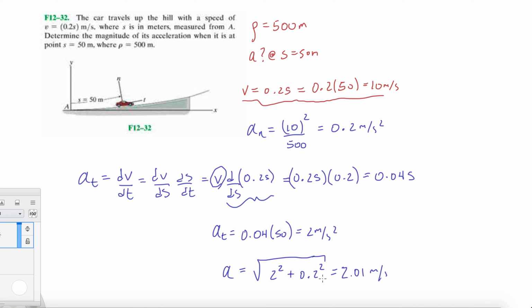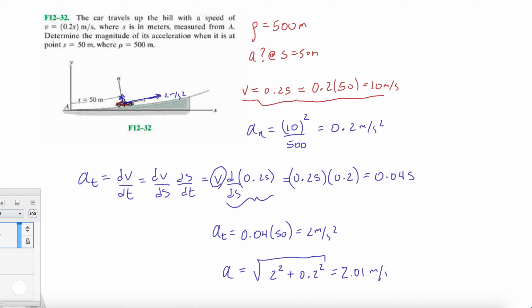Now if you were to draw out this vector, let's say this is 1, this is 2 units, 2 meters per second squared. This is 1, so 0.1 will maybe be like here. So the normal component of acceleration is 0.2.